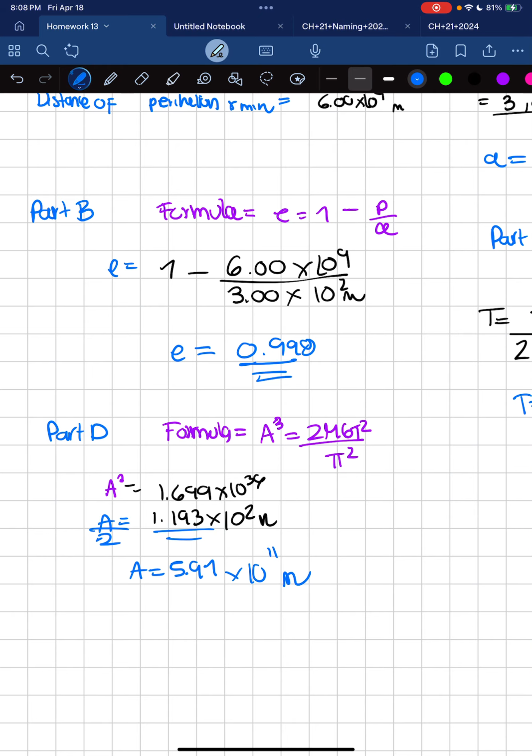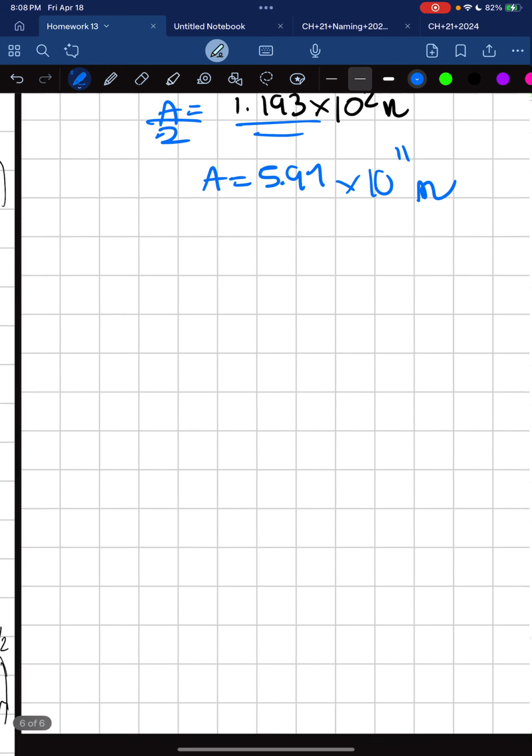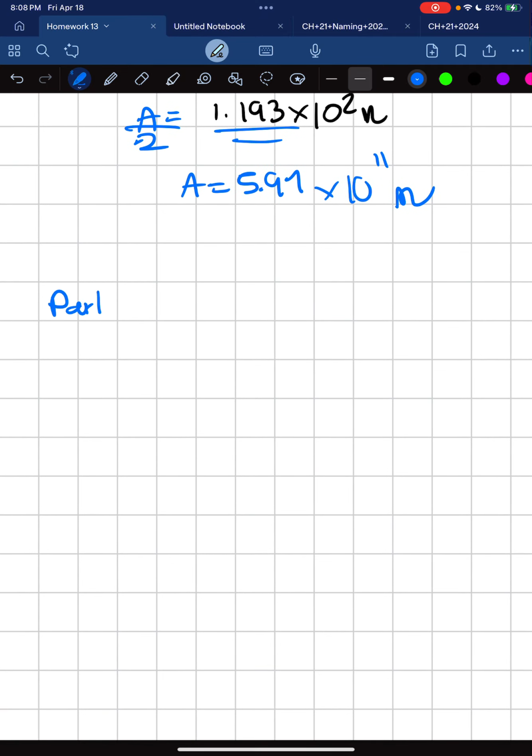Now let's go with part E. Let me do it right here. Part E. Find the distance from the sun to the asteroid at perihelion and aphelion. Okay. So now we are finding the distances from the sun. We have the eccentricity, which they gave us in the last question. Now we have the semi-major axis, which is the one that we just found.